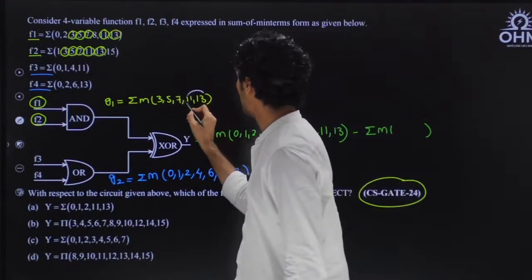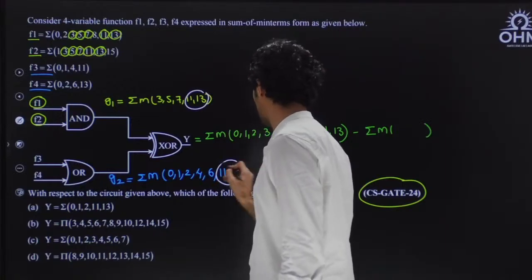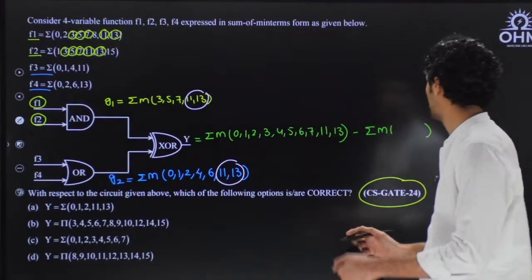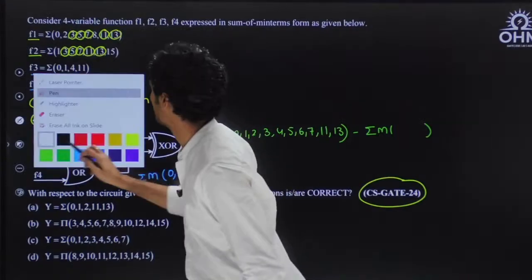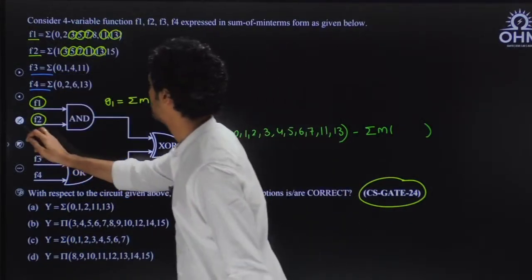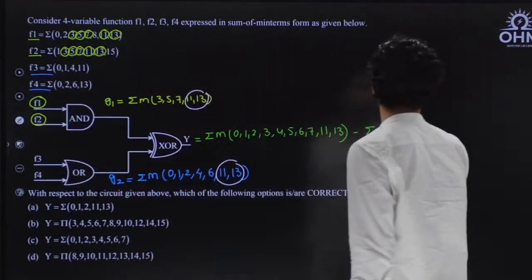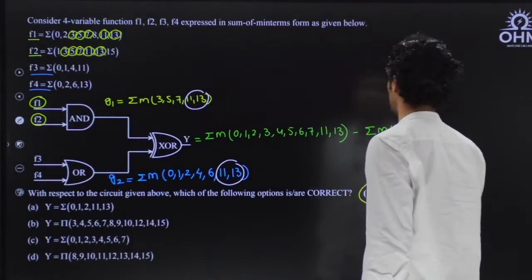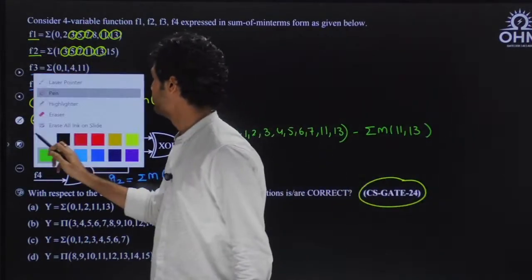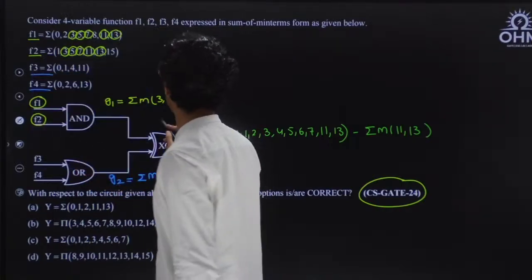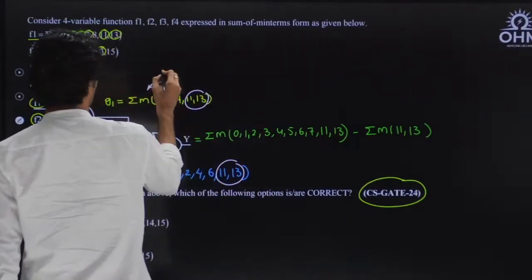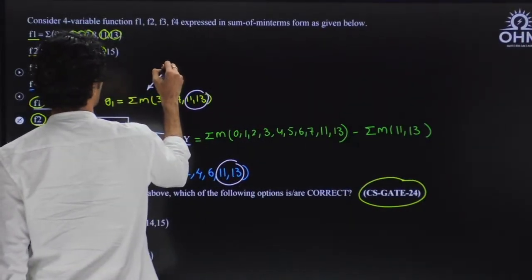The common terms are 11, 13 here as well as 11, 13 here. So that is the intersection portion. The intersection portion is basically only two terms, 11 as well as 13. And like I told you, this basically is intersection.